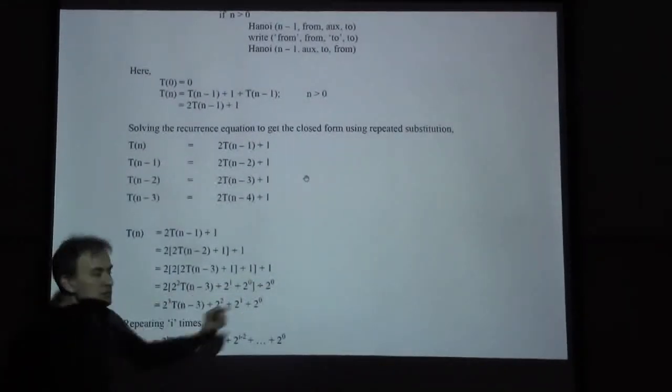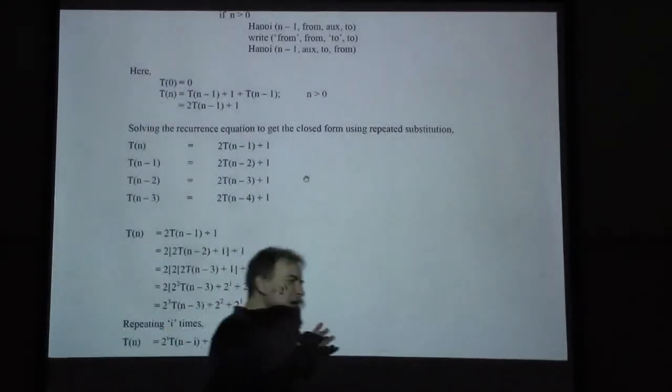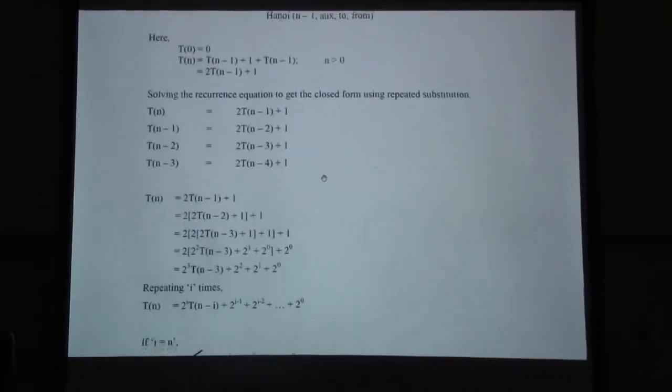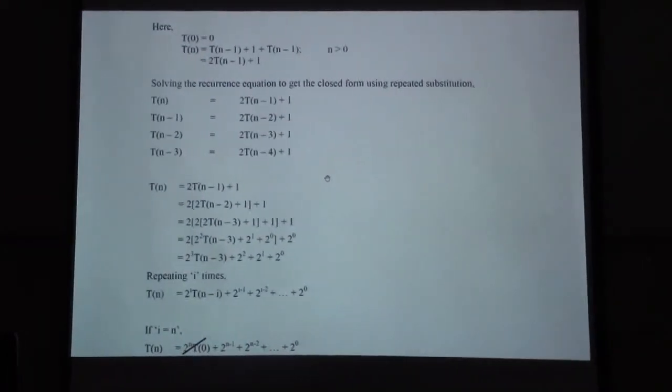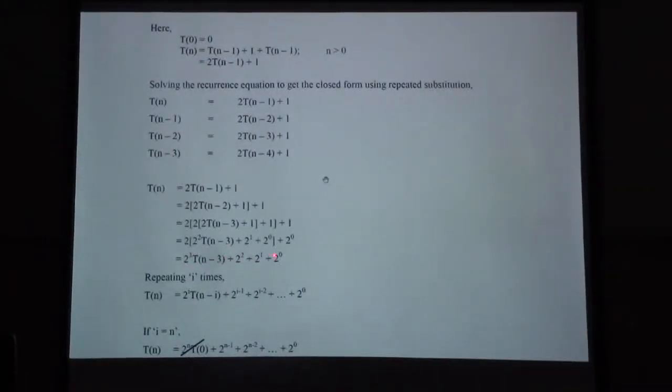And then plus 1 is 2 to the 0. So we expanded 3 times, and then we collected and simplified our expression to see what's going to happen. And what's happening here is that we have 2 to the third, T of n minus 3, and then 2 squared plus 2 to the 1, 2 to the 0.